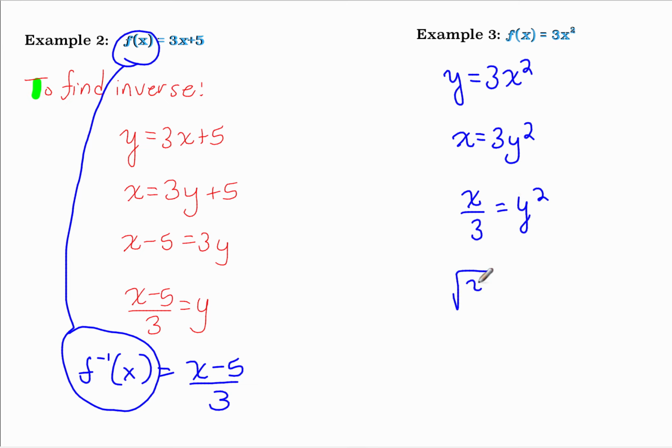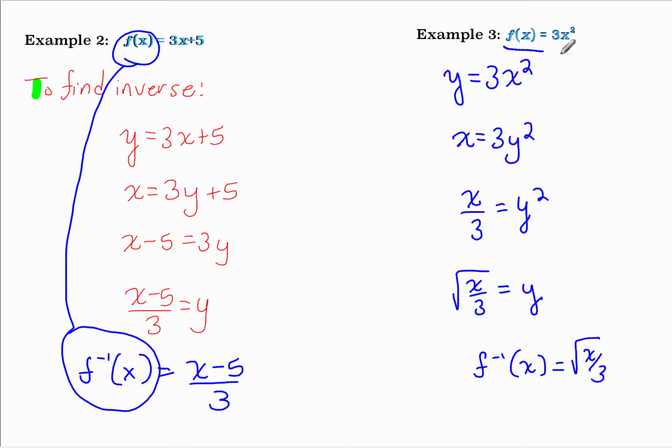So the square root of x over 3 equals y. Now here is a little bit of a conundrum. You have to read carefully.